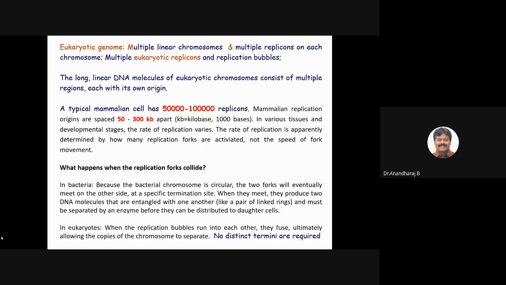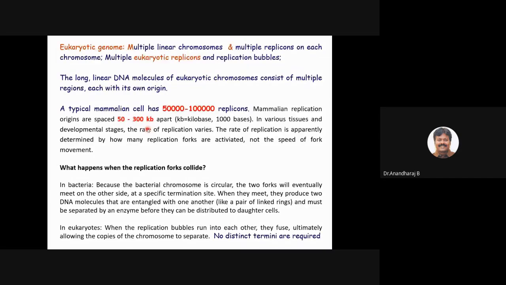You can see that 50,000 to 1 lakh replicons will be there in mammalian cells. Each replicon is spaced 50 to 300 kb apart. One replicon is 50 to 300 kb in length, and after 300 kb the next replicon will be there. So you can see a number of replicons.